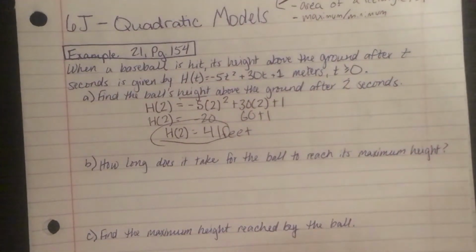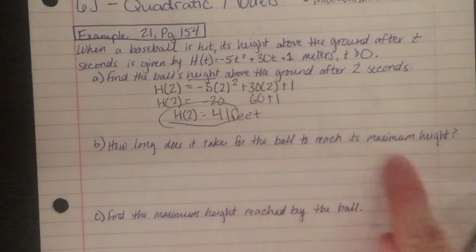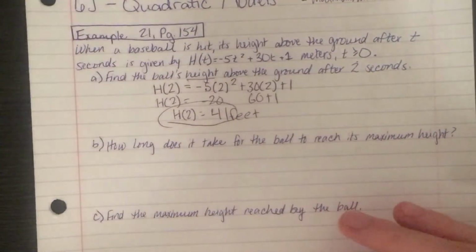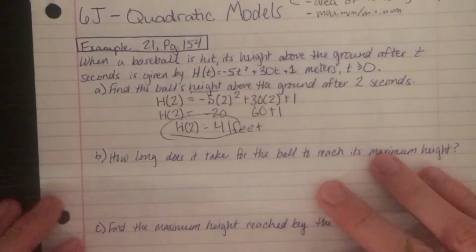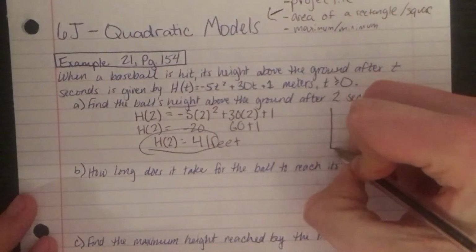So then the next thing that we're going to answer is about the maximum height. When you are working with a quadratic model, a good thing to get in the habit of is to sketch an idea of what this thing would look like.